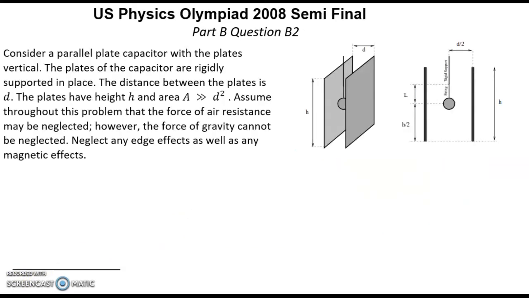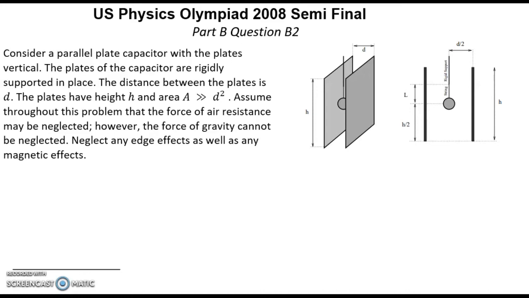Part B, problem B2, the second problem of 2 problems in this section. Consider a parallel plate capacitor with the plates vertical. The plates of the capacitor are rigidly supported in space. The distance between the plates is d, small.